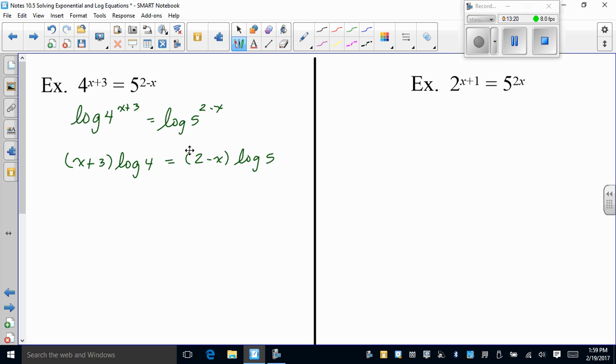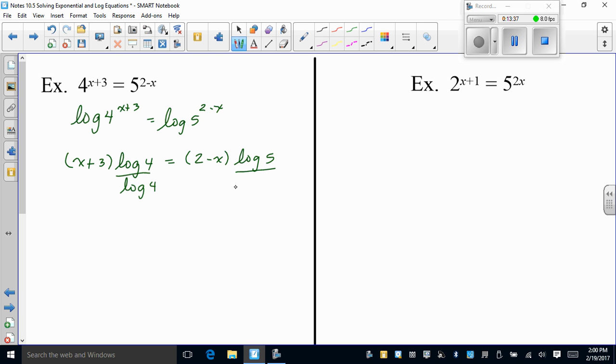Divide by log of 4. I'm pausing, wondering if there's a quicker, easier way of doing this, but probably not. Divide by log of 4.